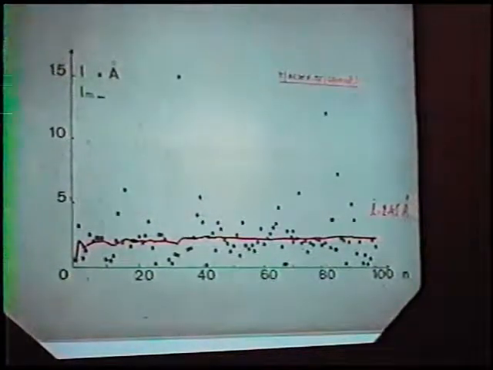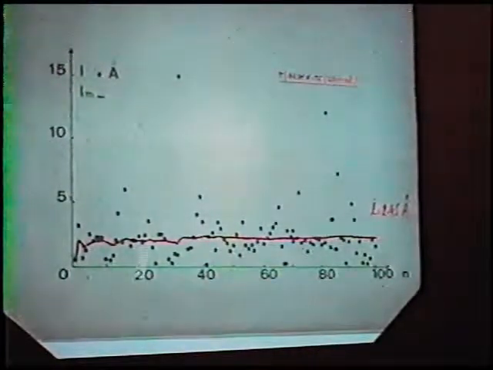Of course, we have a random distribution of the distance between two successive collisions, but we see that little by little, with the increased number of collisions, the average distance L becomes constant, and we arrive at an average value which is 2.45, and which is the mean free path imposed by the structure.